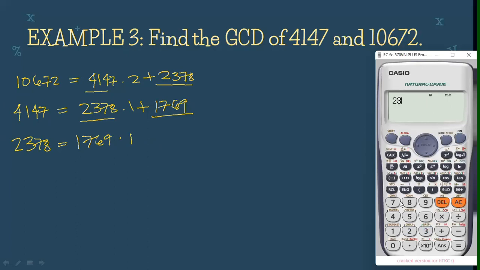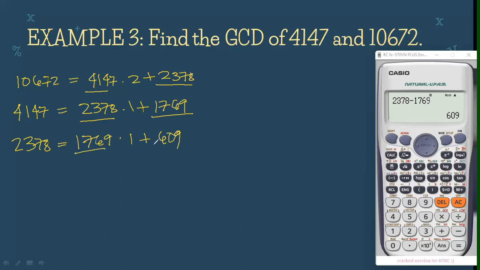So, 2,378 divided by 1,769, that will give us 1 po. So, ngayon po, ima-minus na lang natin para makuha natin yung remainder. 2,378 minus 1,769, which will give us 609. So we will have here plus 609.